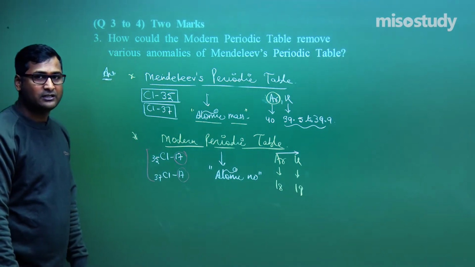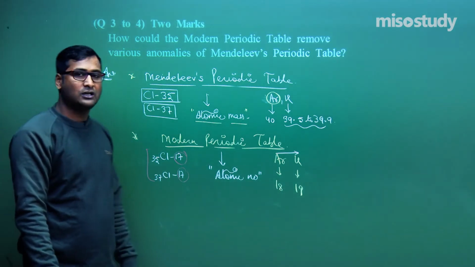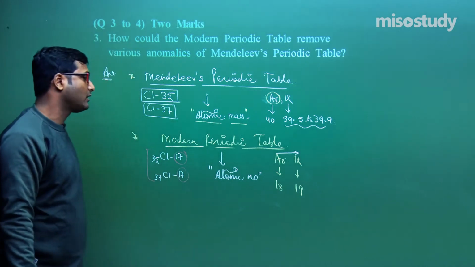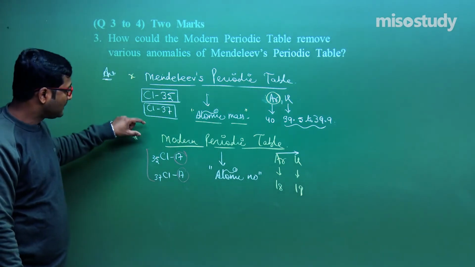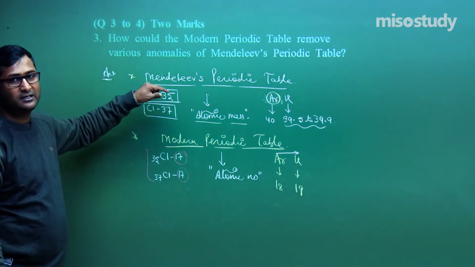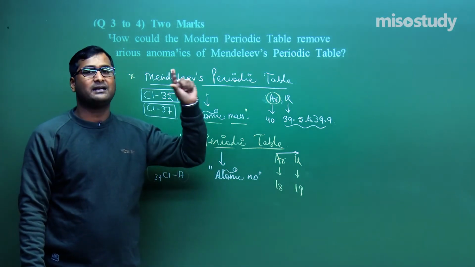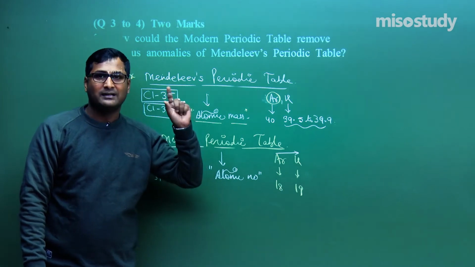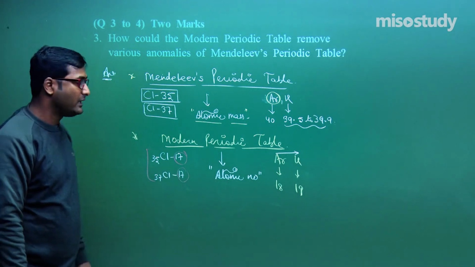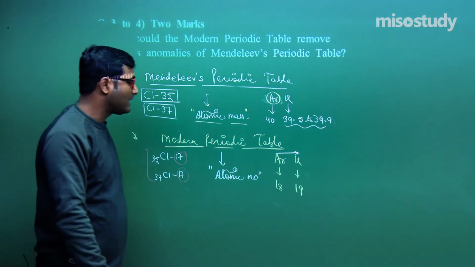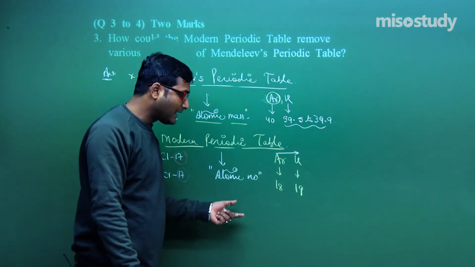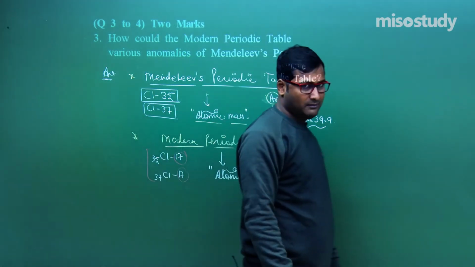In the Mendeleev periodic table, the position of hydrogen was uncertain. Still the position of hydrogen is uncertain, but we study hydrogen in a separate period, that is period 1, hydrogen and helium, 2 elements, and hydrogen was taken and placed above the alkali metals in the modern periodic table.